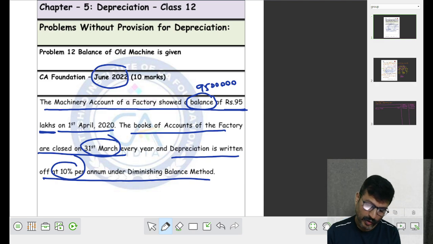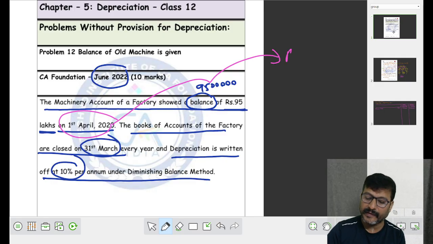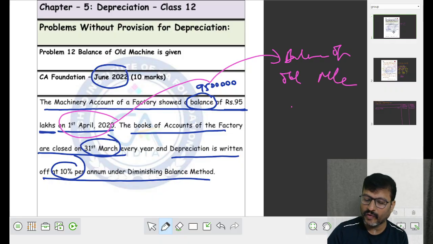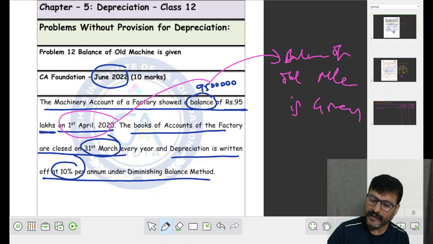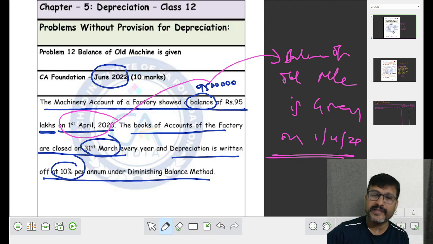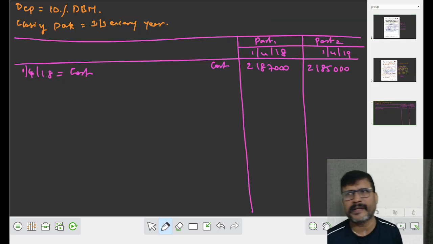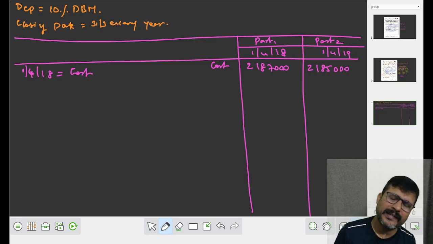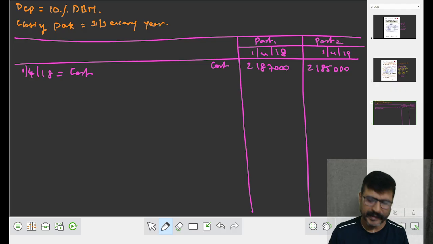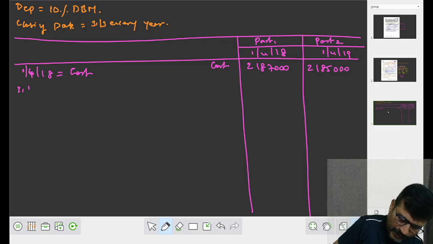The balance of the old machine is given on 1st April 2020, right? So, what we have to do? We have to calculate the depreciation and we have to arrive the balance up to 1st April 2020. Fine. Now, let me move on to the 31st March 2019.